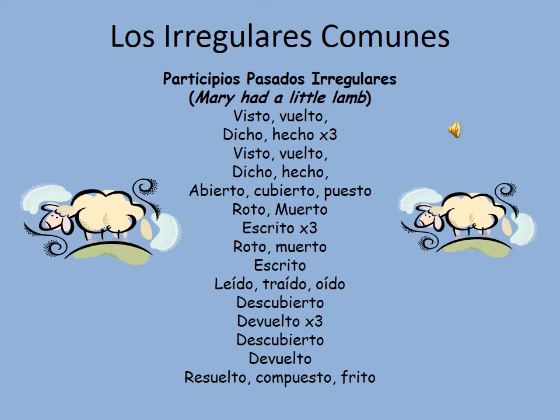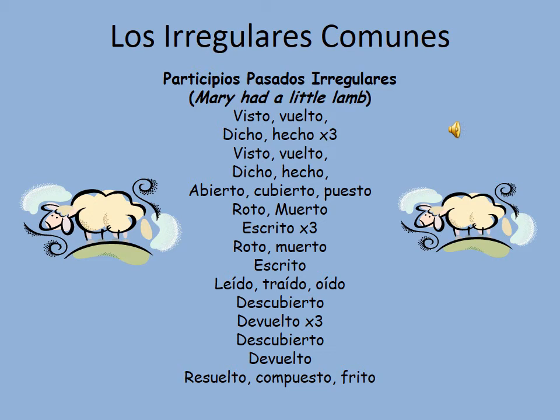Yay! All right, so as you can see, it's a cute little song that's going to help you remember. I tell most of my students that if you can remember the first two sections, that is most of them that you're going to know, because if you notice, descubierto is just cubierto with des in front of it. Devuelto is the same as vuelto, and resuelto, compuesto.